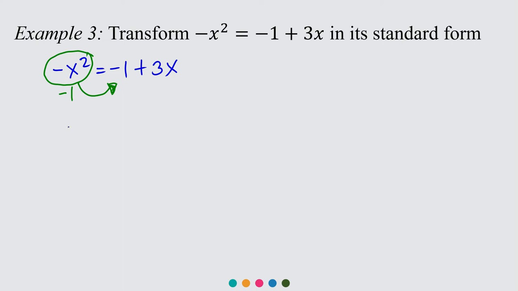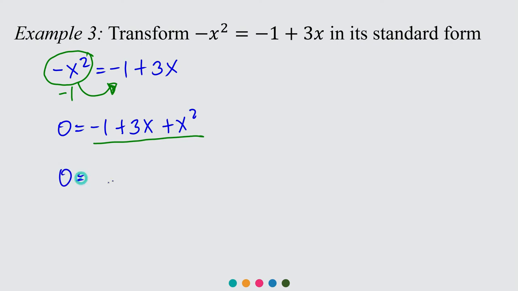So we have 0 is equal to negative 1 plus 3x plus x squared. Since nagtranspose tayo ng negative x squared at nadaanan yung equal sign, magiging positive na yung ating x squared. Now, ayusin na lang natin itong nasa right side ng ating equation.